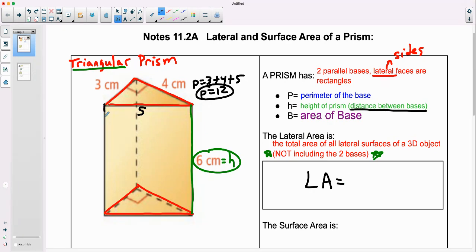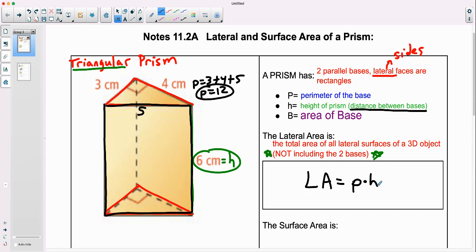So this front rectangle here would have an area of 5 times 6, base times height, but all of the rectangles are going to have a height of 6. So we have like a 5 times 6 for the front, a 4 times 6 for the back right, a 3 times 6 for the back left. So a little shortcut to get lateral area is the perimeter times the height. So if you know perimeter and you know height, perimeter times height will give you the lateral area.